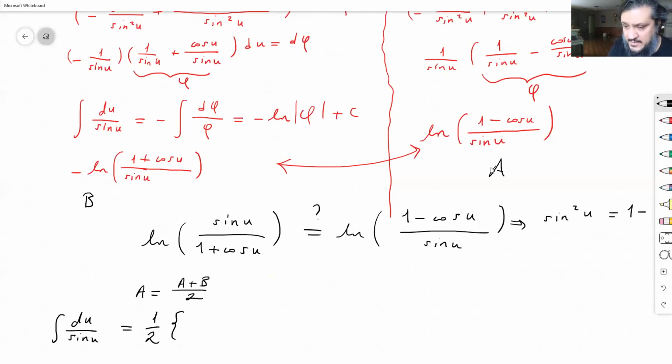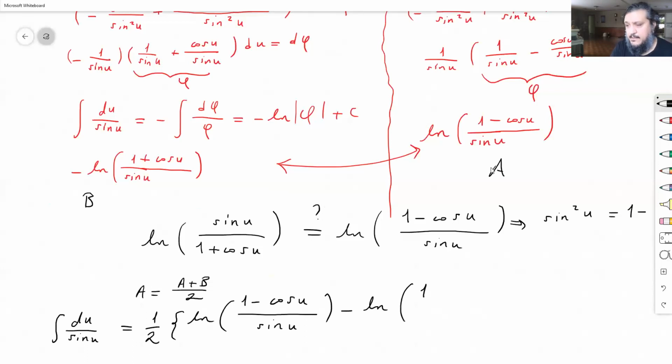Write A now, ln of (1 minus cosine u) divided by sine u, and add B to it. B is this negative ln of (1 plus cosine u) over sine u.